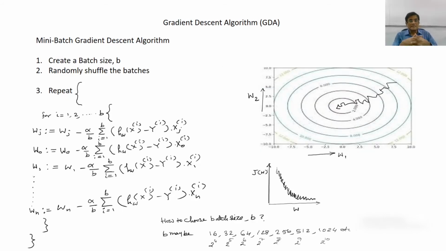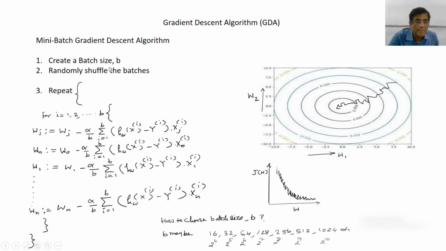So, having said that, you have now seen batch gradient descent and stochastic gradient descent. Each has some advantages and disadvantages. So, taking advantage of both algorithms, a new variation of the gradient descent algorithm has been formulated, which is called the mini batch gradient descent algorithm. The idea is very simple.